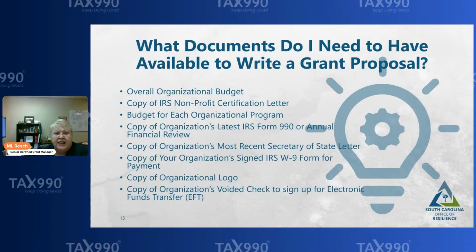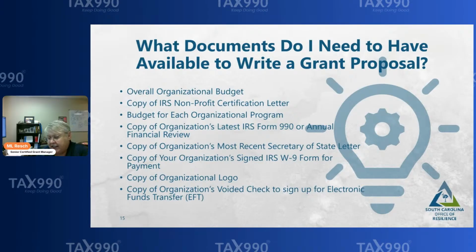Also, you want to have a copy of your IRS nonprofit certification letter, also known as your 501(c)(3) letter. Why do you want to have that? Because most funders require you to either have your EIN number, which is on that document, or actually attach a copy of that document to your proposal.